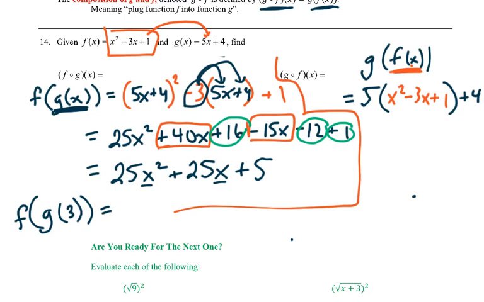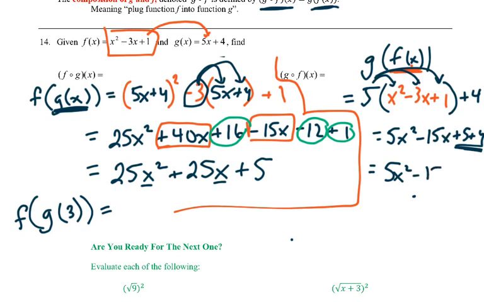To simplify this one, though, this one's a lot nicer because I just have to distribute the 5 within those parentheses and then combine like terms. So I get 5x squared minus 15x plus 5 plus 4. The only thing that combines are my constants, so I'm left with 5x squared minus 15x plus 9.